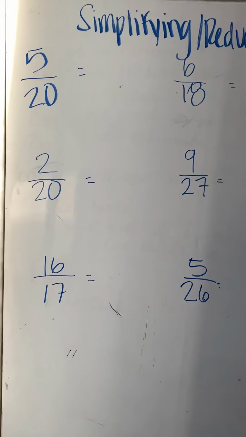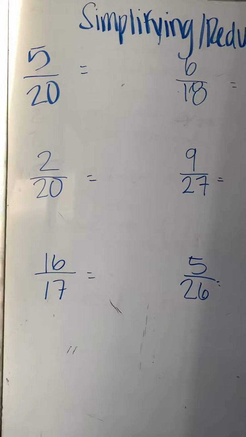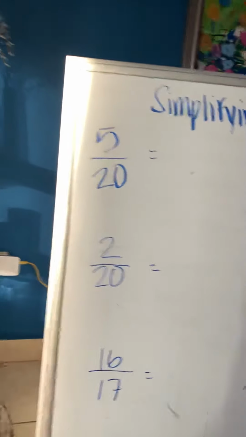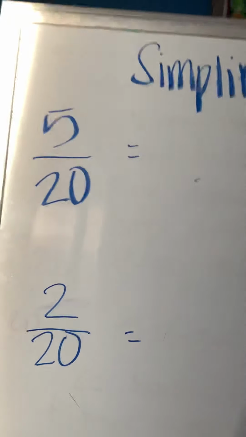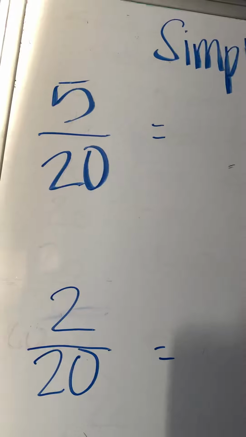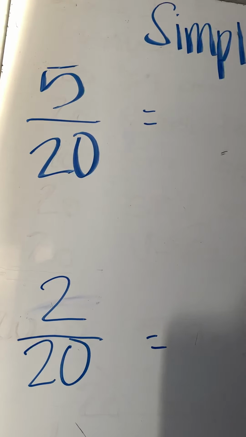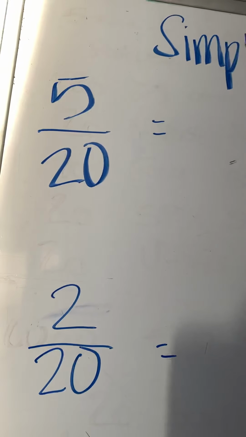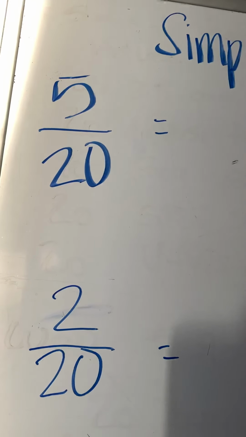Others can be. So for example, to see if something can be reduced, let's look at 5/20ths. We need to look and see what factors can go into both 5 and 20.